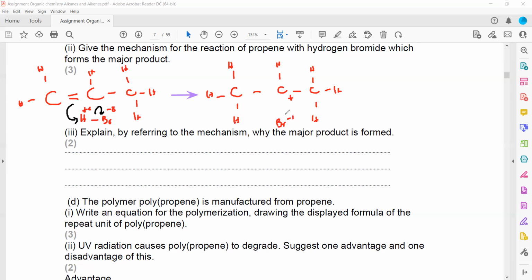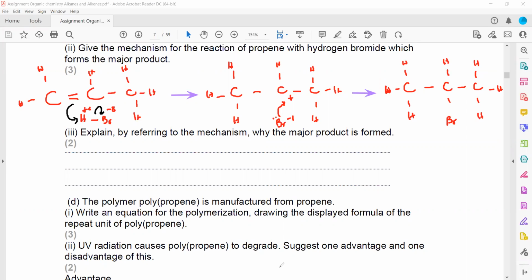And the bromide ion, which has a pair of electrons, is attracted and forms a bond at the last. So this will form 2-bromopropane.